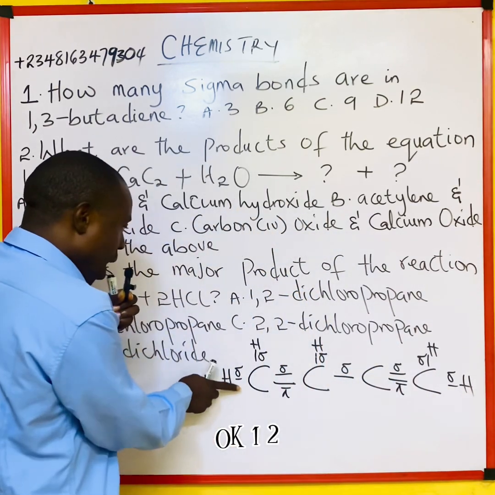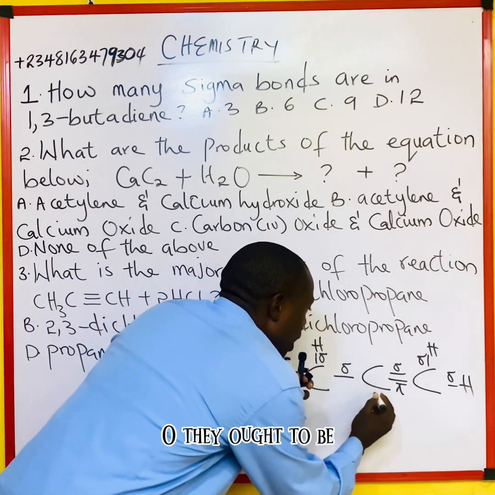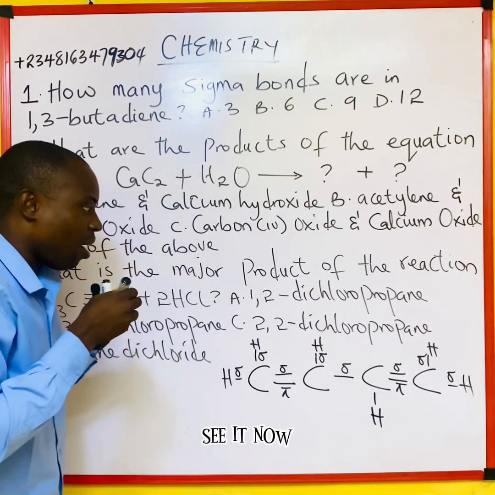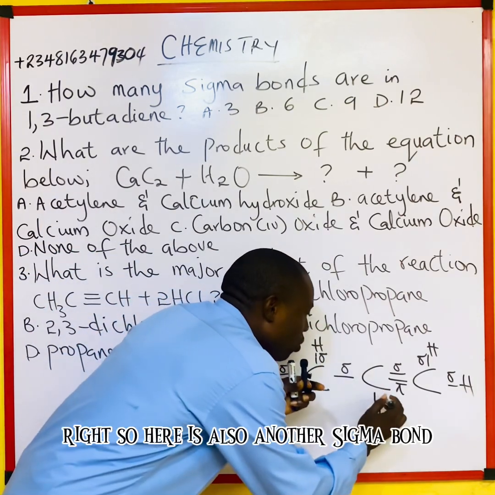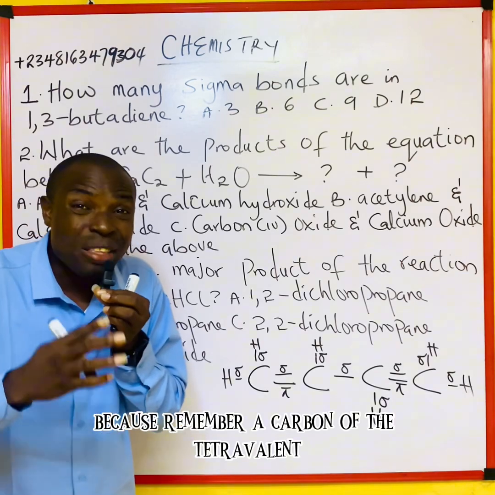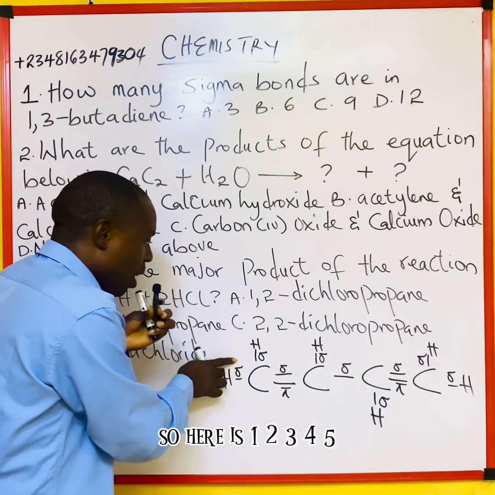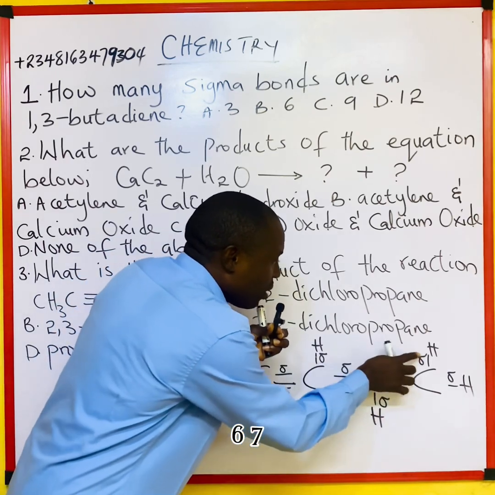Here is also another sigma bond, because remember, a carbon must be tetravalent. So here is 1, 2, 3, 4, 5, 6, 7, 8, 9.